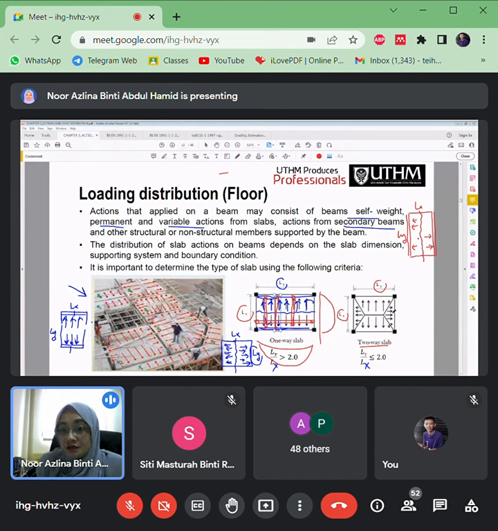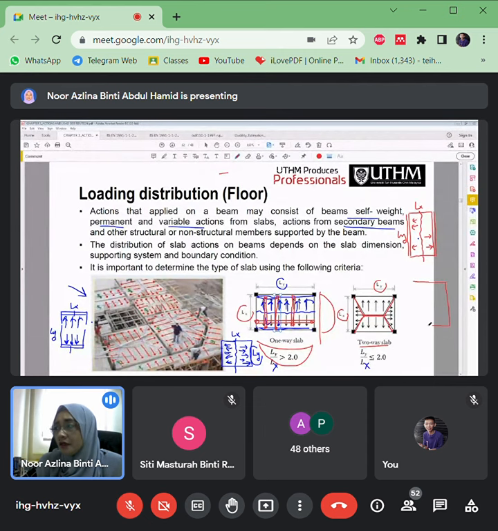It's still the same. You have to draw a line according to the longer span. Make one line here, parallel to the Ly, and then after that you can continue to make triangles on both sides. So it becomes a triangle and a trapezium.